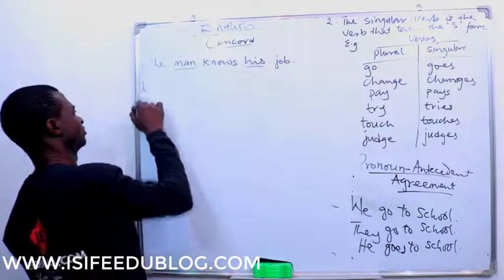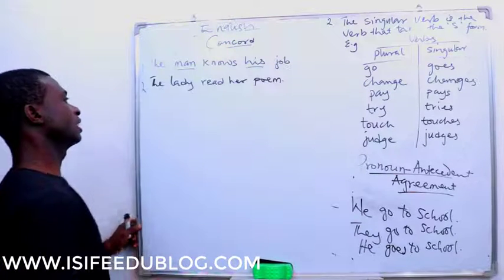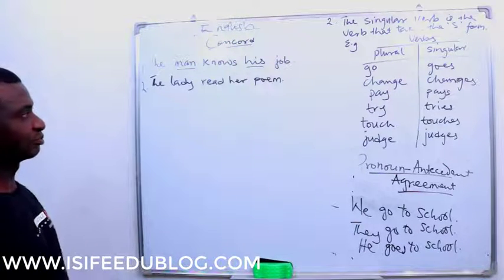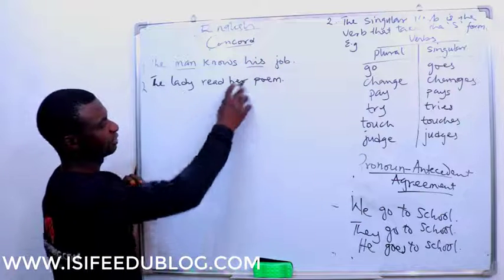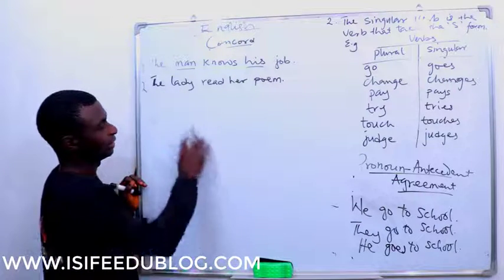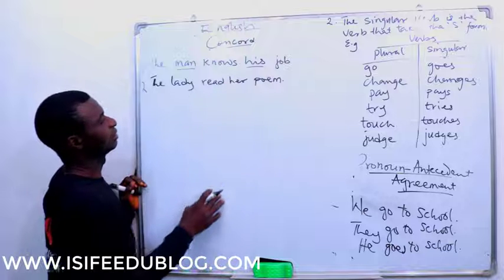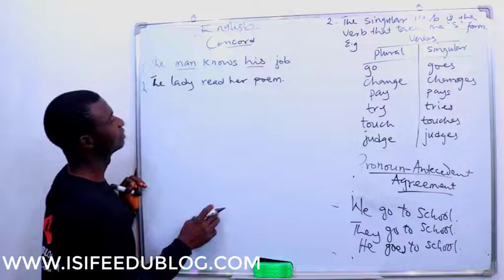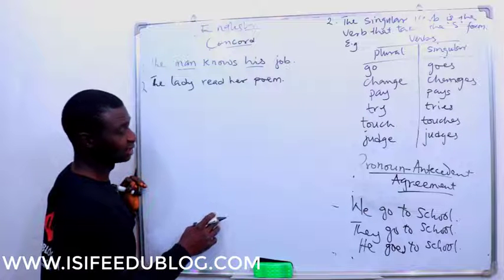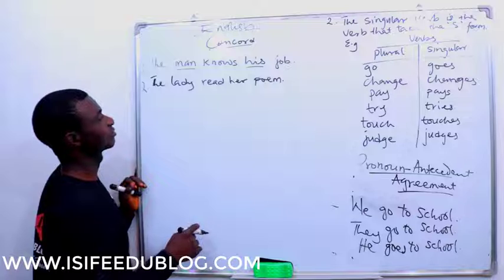Number 2. The lady read her poem. The lady is the antecedent of the pronoun her. Lady is singular, her is singular. Lady is female, her is female. Lady is third person, her is also third person.